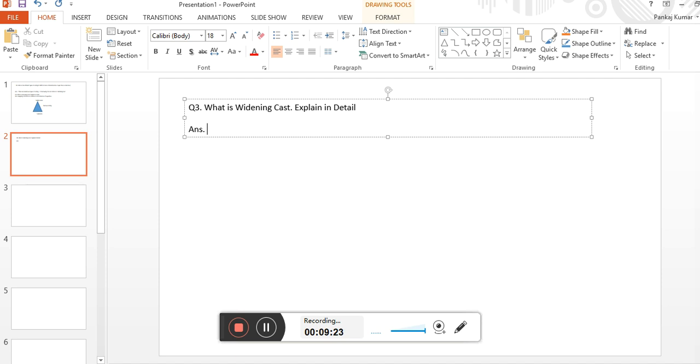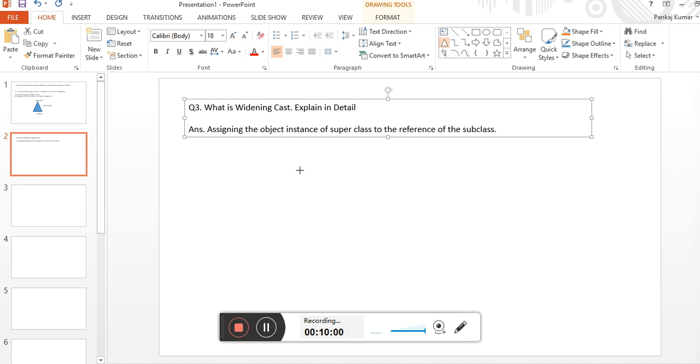We can say it is assigning the object instance of a superclass to the reference of the subclass. So this is the widening cast.